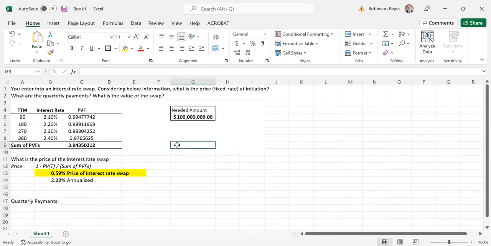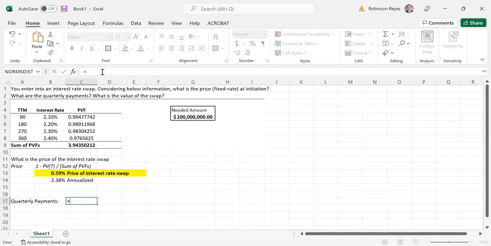So that's the amount of money that is in theory being swapped, but then we are only concerned about these quarterly payments. So quarterly payments, let me write it here. What is the notional amount that is being exchanged between the two?